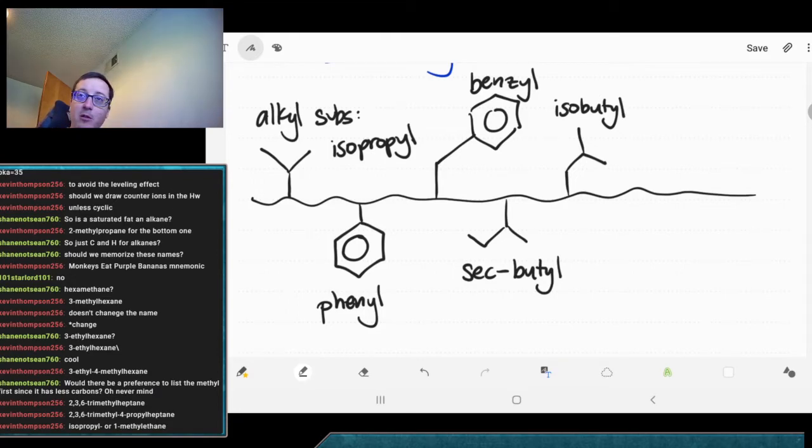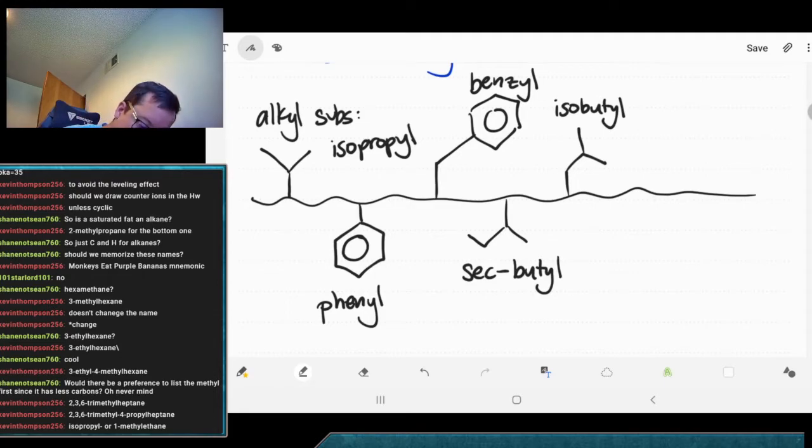So isopropyl had us bound to that middle carbon of the propane. Isobutyl is kind of the same thing, but there's a carbon in between that. So it's kind of like a methyl and an isopropyl at the same time. That's isobutyl. What other common ones do we have?